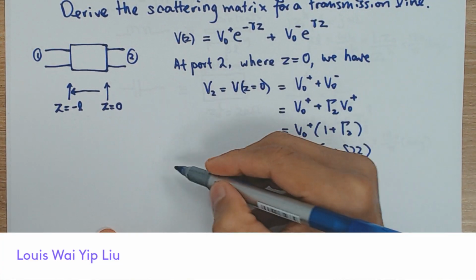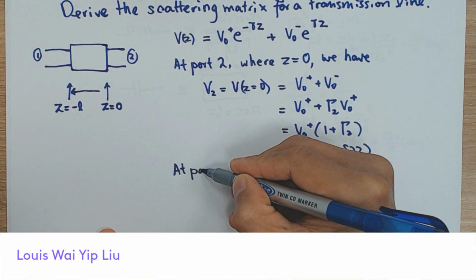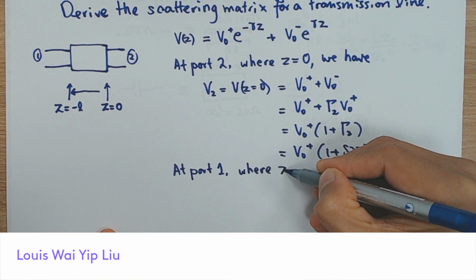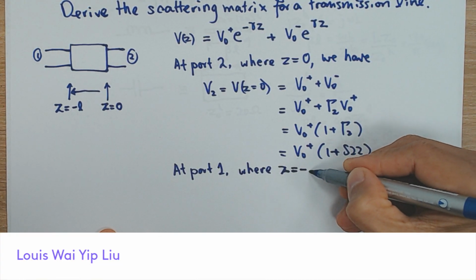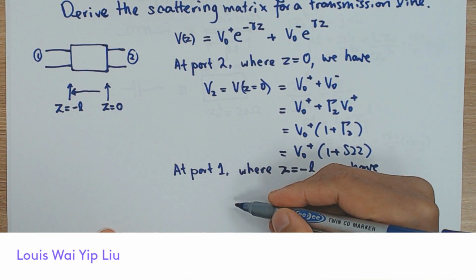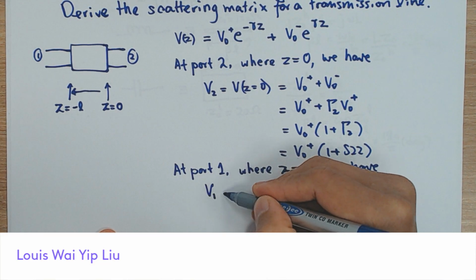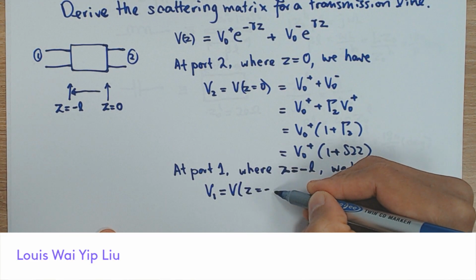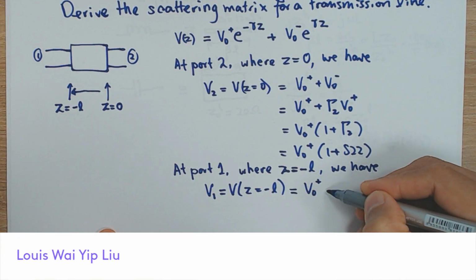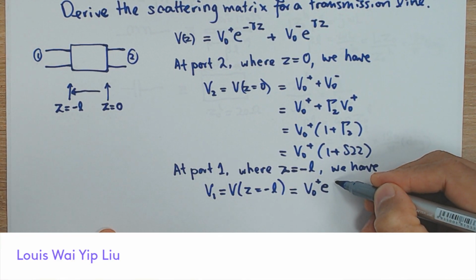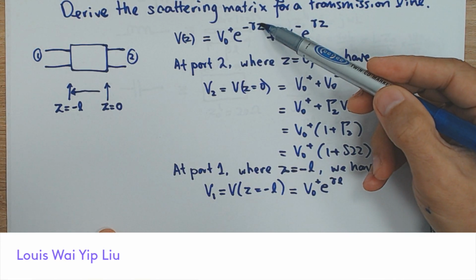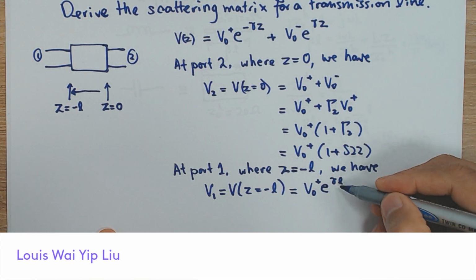At port 1, where z is equal to minus L, we have V1 equals to V at minus L, and we can write this equation as, we substitute minus L into this equation, then we get this.